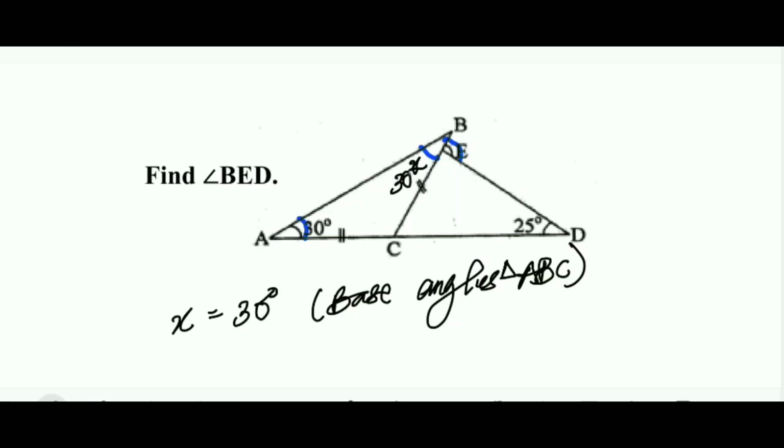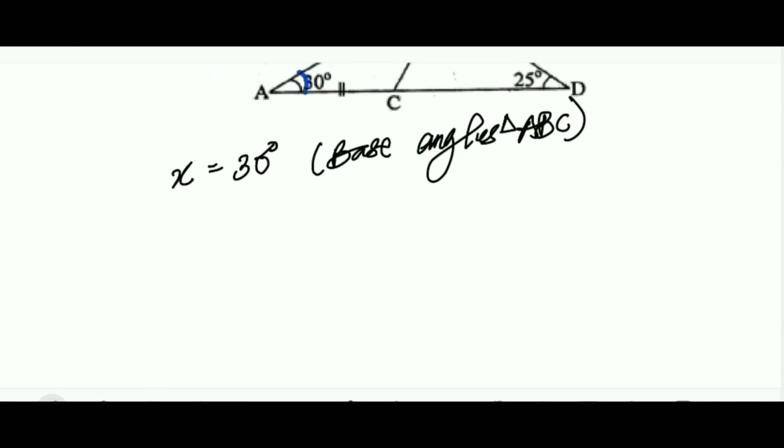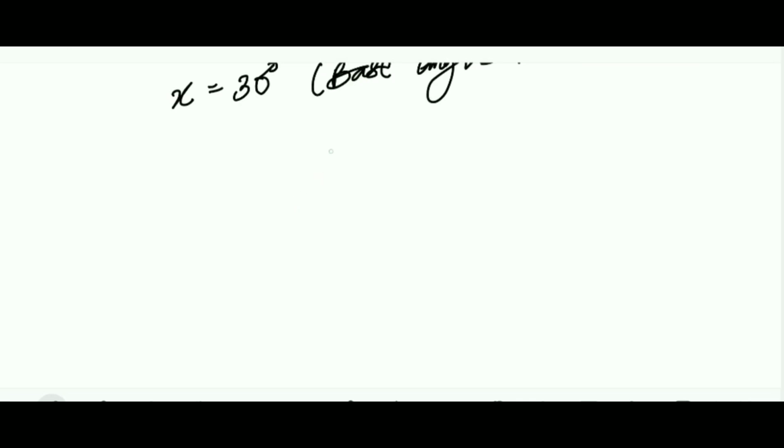In my previous class, I taught you about the exterior angle of a triangle. Again, I'm going to teach you again, just very briefly. Let's say I have a triangle. When a side of the triangle is extended, an angle is formed outside. That angle is called the exterior angle. Now, the exterior angle theorem is: the exterior angle of a triangle is equal to the sum of the interior opposite angles.